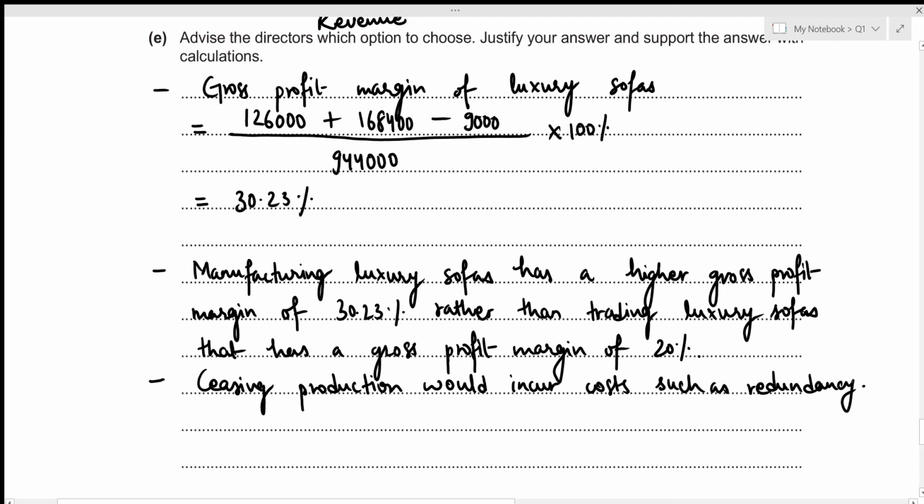Then lastly, if we are to manufacture goods on our own, then we definitely have control over the quality of the goods manufactured. But if we are to buy in from other suppliers, we do not really have that control. Let's write it down. G Limited can control quality if goods are manufactured.